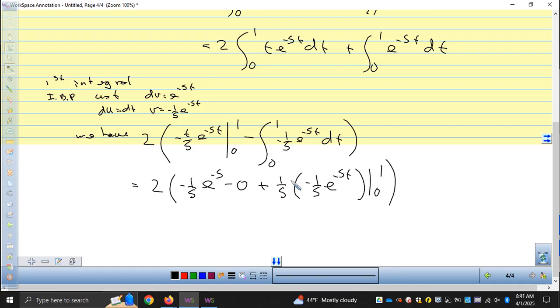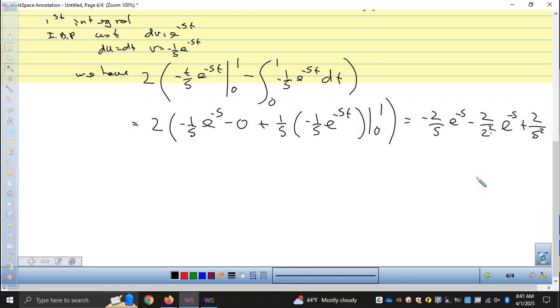And when we evaluate all this out, we end up with negative 2 over s e to the minus s, minus 2 over s squared e to the minus s, plus 2 over s squared. So that's our first integral.